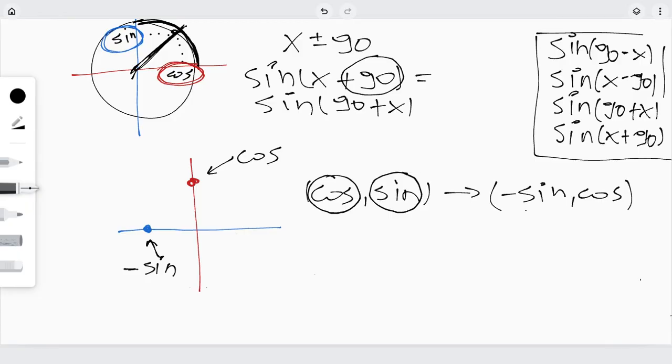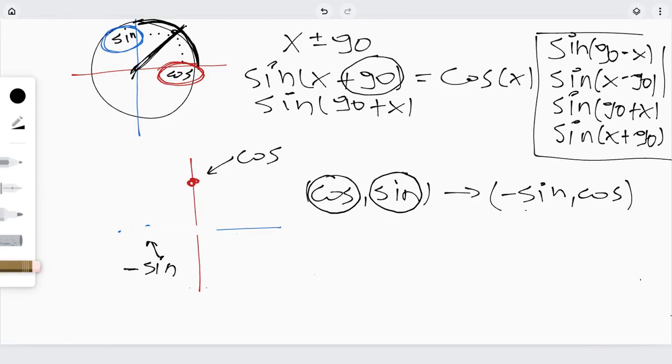So we see that when we rotate 90 degrees counterclockwise, that cosine goes to negative sine and sine goes to cosine. So in this case, sine x plus 90 is cosine of x, and sine 90 plus x is also cosine of x because of the commutative property of addition.